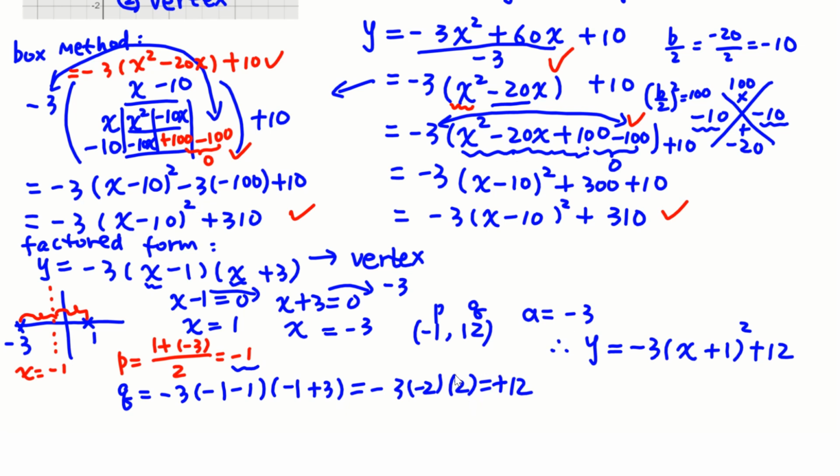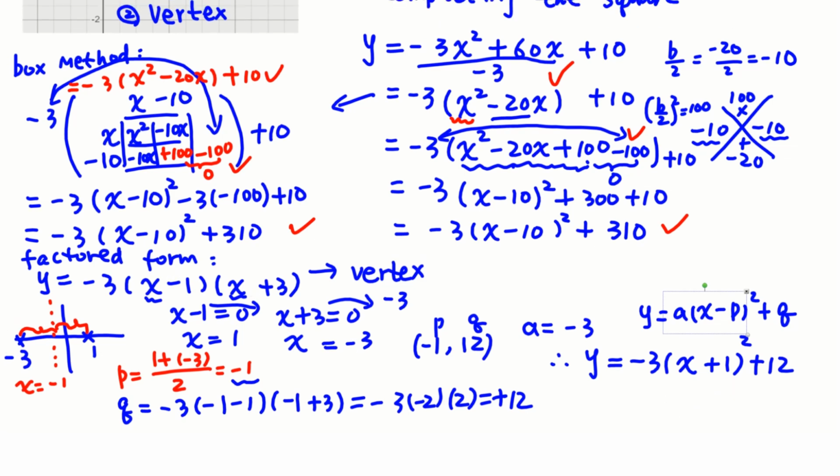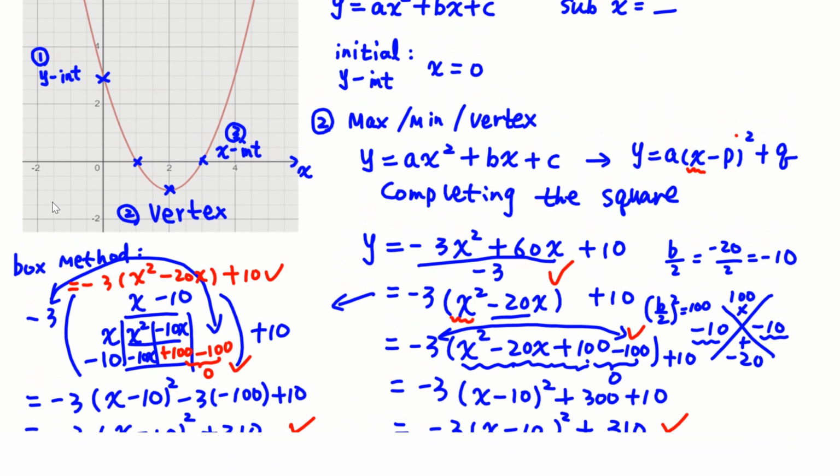Once you have a, p and q, then you can sub into y equals a bracket x minus p bracket squared plus q, the vertex form. So this is for the second type of point, the vertex.